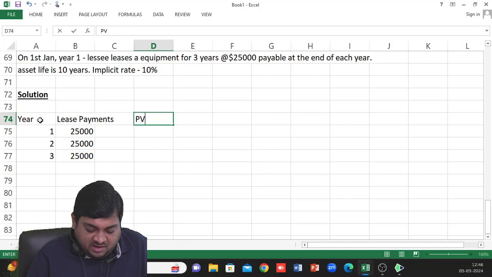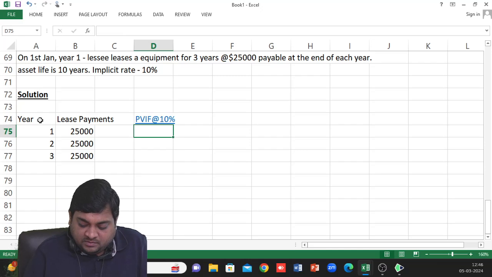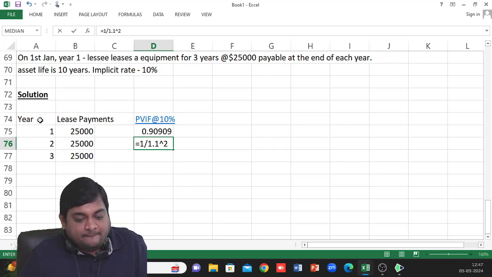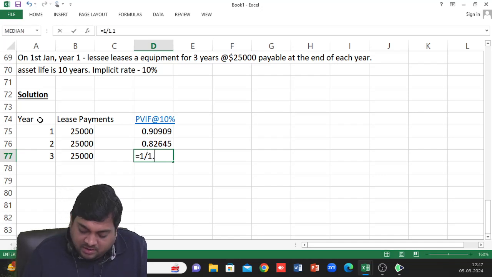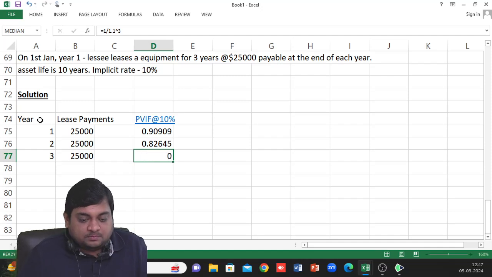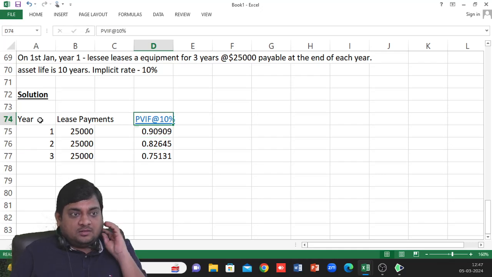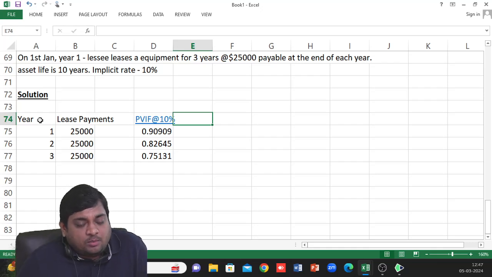Now PVIF at the rate of 10% equals 1 divided by 1.1, 1 divided by 1.1 squared, 1 divided by 1.1 cubed. These are present values, right? We have done this when we talked about bonds, discount amortization, no problem.